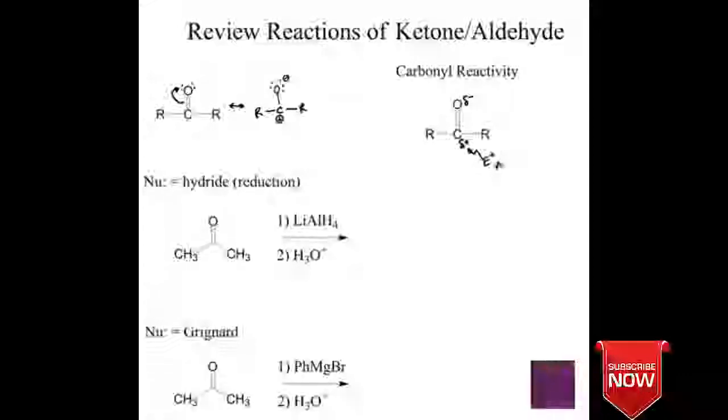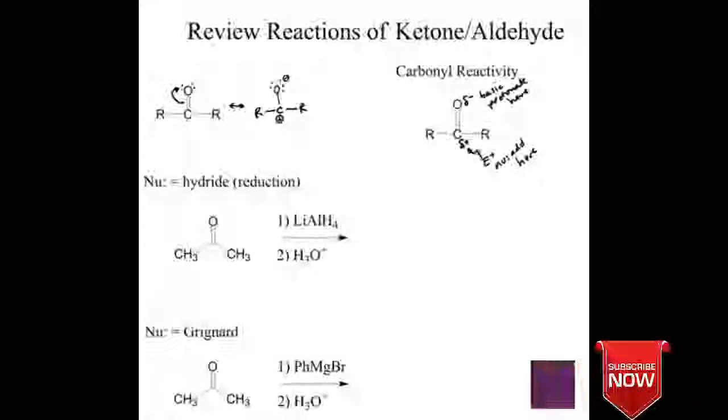In other words, nucleophiles add here. And the carbonyl oxygen is somewhat basic. In other words, we can protonate here. In fact, many reactions we've seen involve protonation of the carbonyl, and many reactions involve nucleophilic attack on the carbonyl carbon.